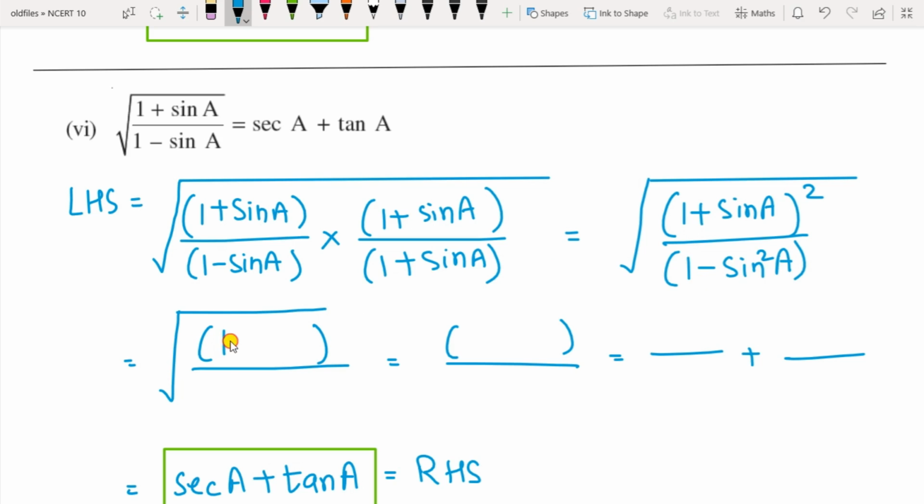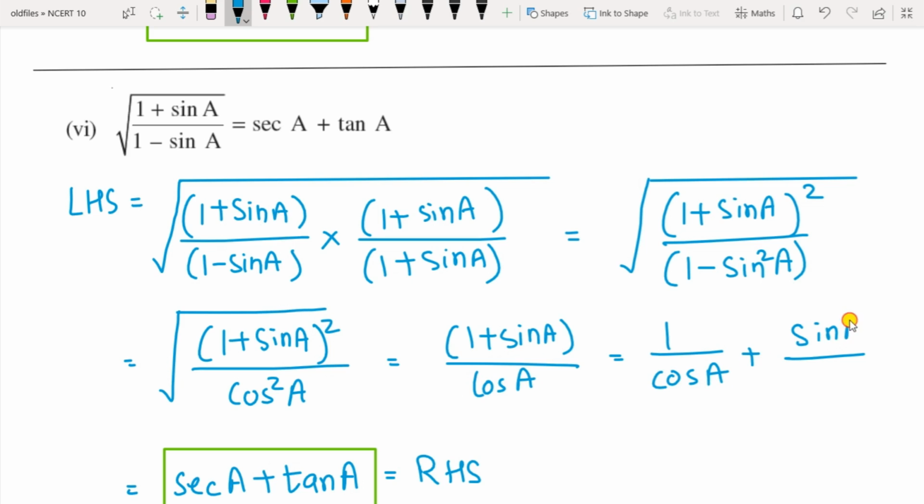Now the numerator as it is, but 1 minus sin square a is cos square a, and if you remove the square root and the square, you will have 1 plus sin a upon cos a. Split the denominator, 1 upon cos a and sin a upon cos a. So 1 upon cos is sec and sin upon cos is tan, which is your RHS, hence proved.